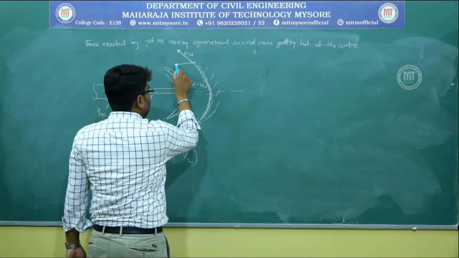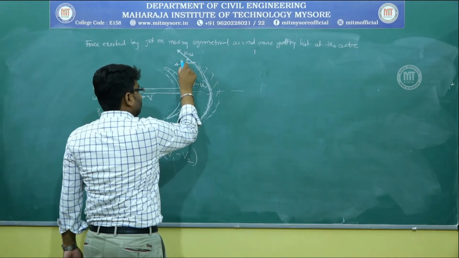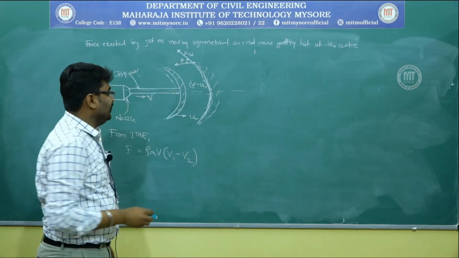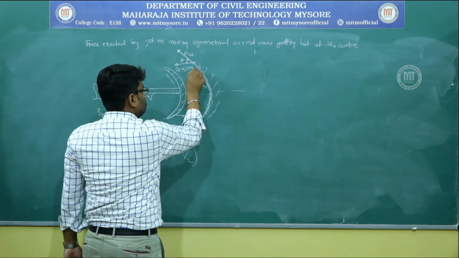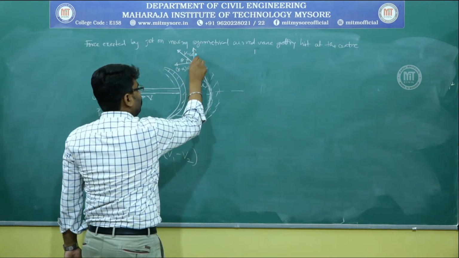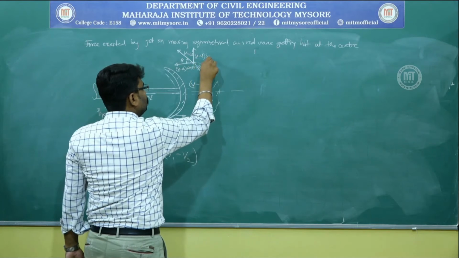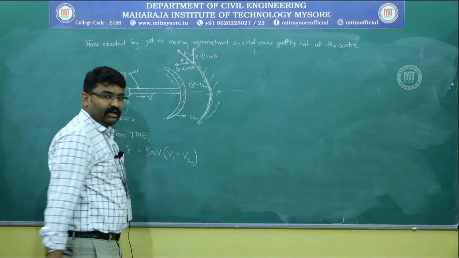Assuming that the angle made by that velocity at outlet with the horizontal is theta, this component will become (v minus u) cos theta, and the vertical component becomes (v minus u) sin theta.